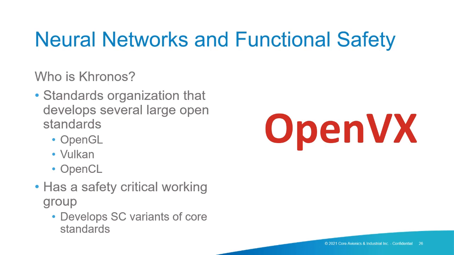For example, there's an OpenGL SC standard, OpenGL safety critical, that's meant to be used in functionally safe applications. There's a Vulkan SC standard that's being developed today that is meant to be used in functional safety applications where you need access to both graphics and compute on accelerator devices like a GPU or an FPGA. And they also have an OpenVX SC feature set that they've defined for the use of OpenVX in functionally safe applications.